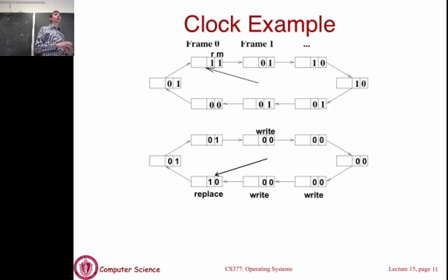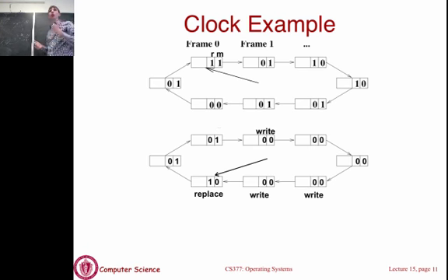Any other questions? Yes. So when both bits are 1, you only change the reference bit, not the modified bit. Right. Because remember, we're always changing the reference bit to 0, just as in the regular clock example. But 1, 1 pages are sort of the last possible choice we want to make.